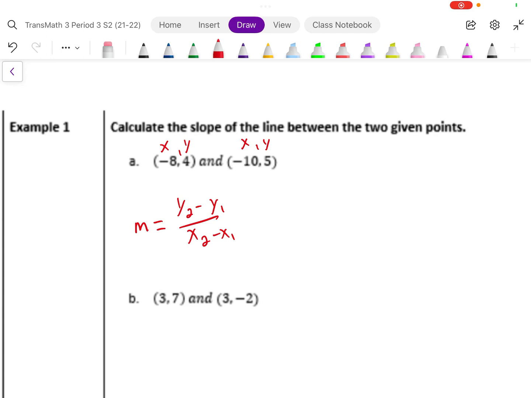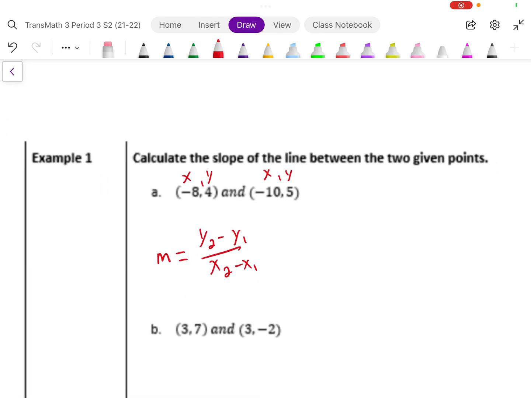From here you just need to pick a point as point 1 or point 2. It does not matter which one you do. If you decide this one is your x1, y1, those are the values that go there. If you pick this as your second point, then that will go there.